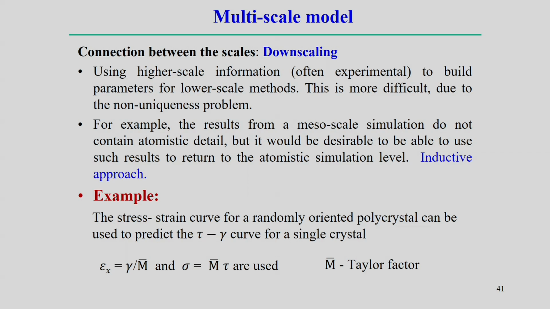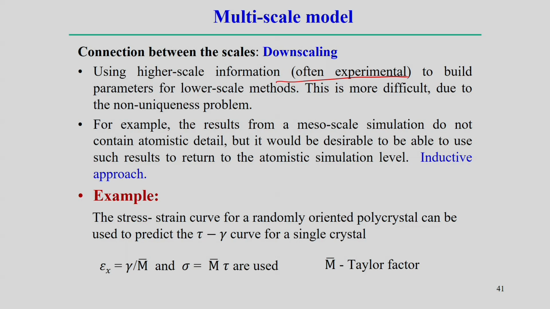In these cases, higher scale information is passed to the lower scale. Higher scale information we can normally observe from experiments, so it is easy to conduct the experiment at the higher scale.